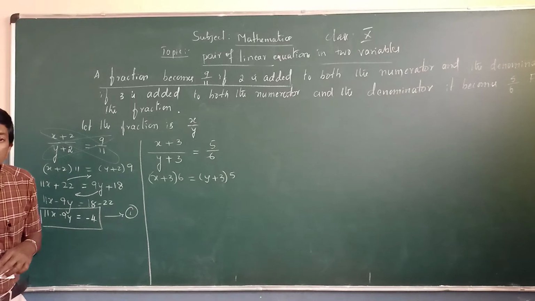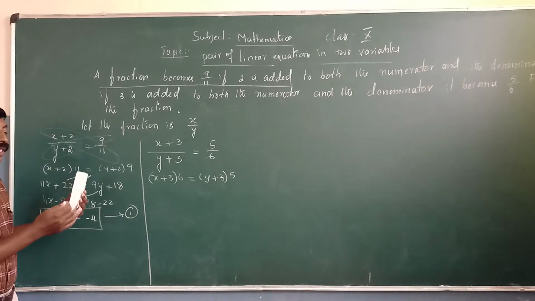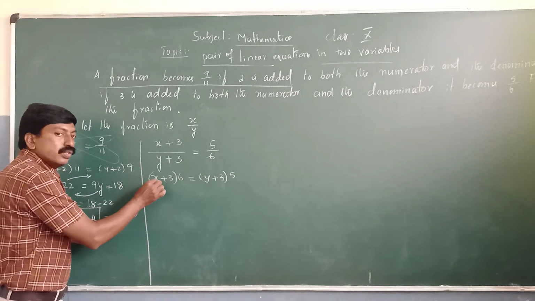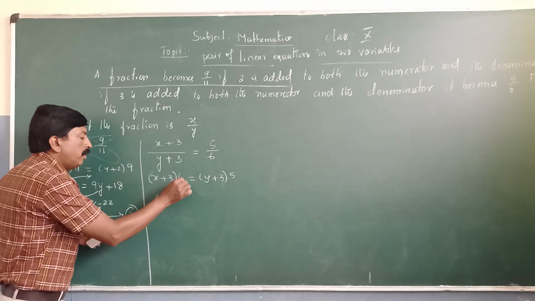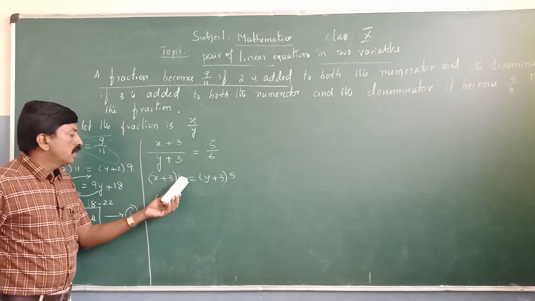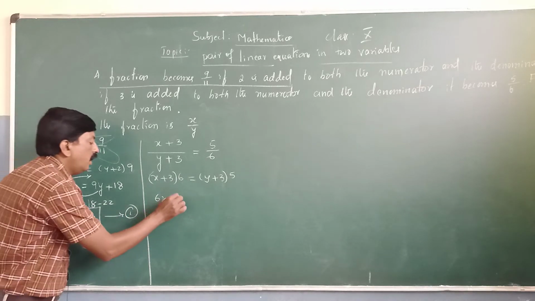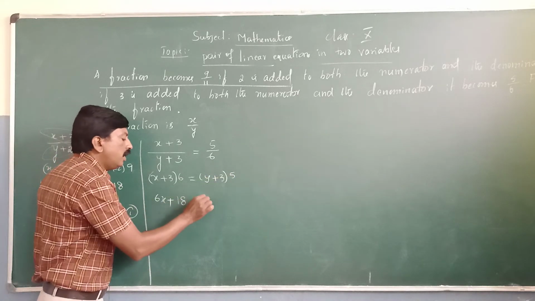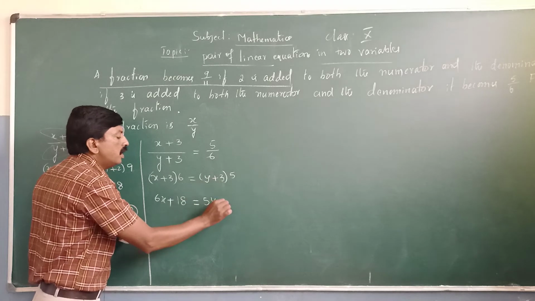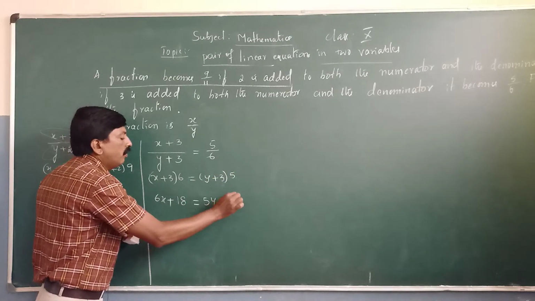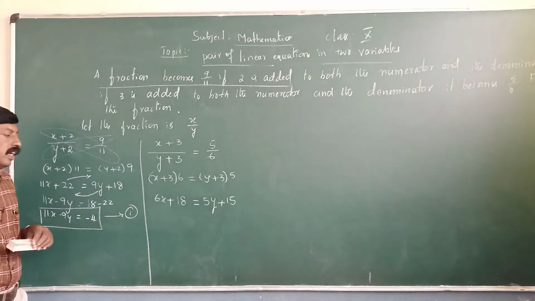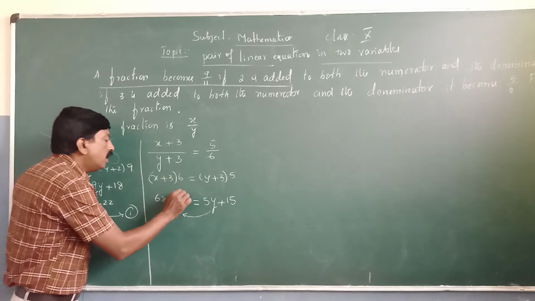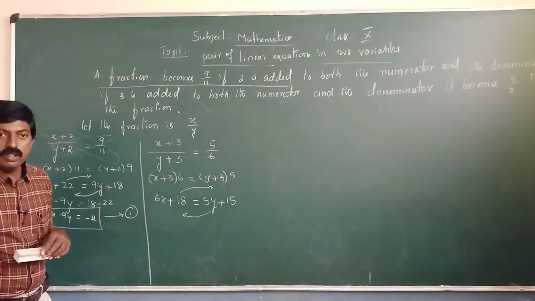Now what we have to do? We have to express in terms of the x and y variables. So x into 6 is 6x, plus 6 3s are 18, which is equal to 5 into y, 5y, plus 3 5s are 15. Then 5y transposes to LHS, 18 transposes to RHS.